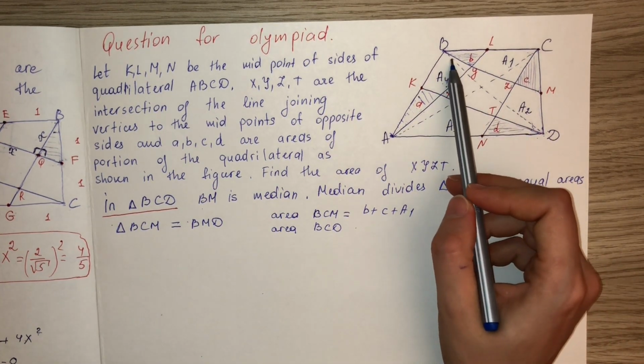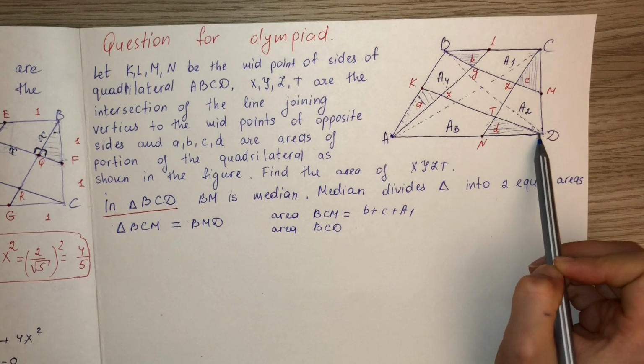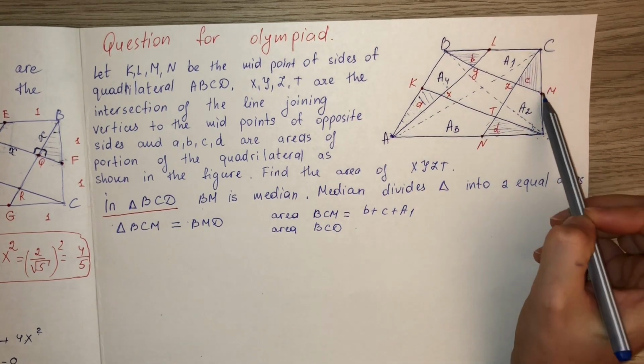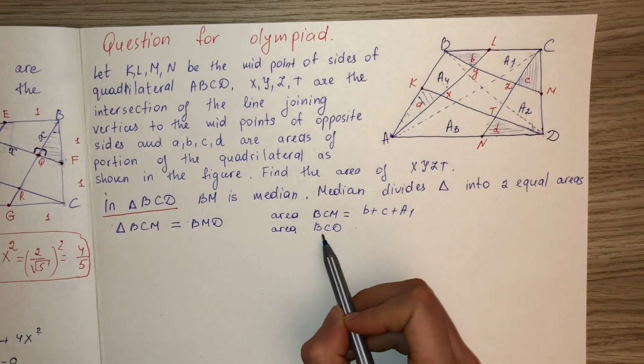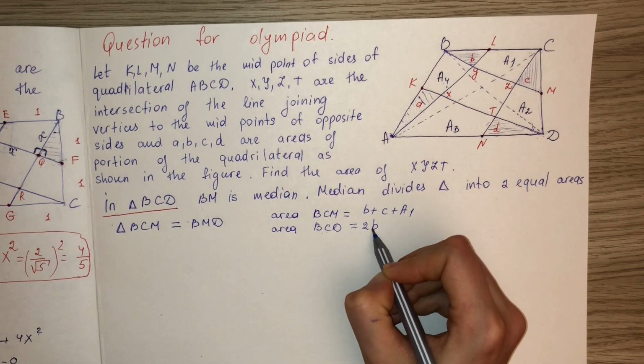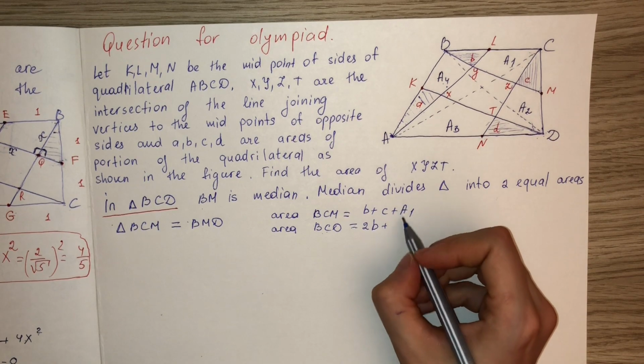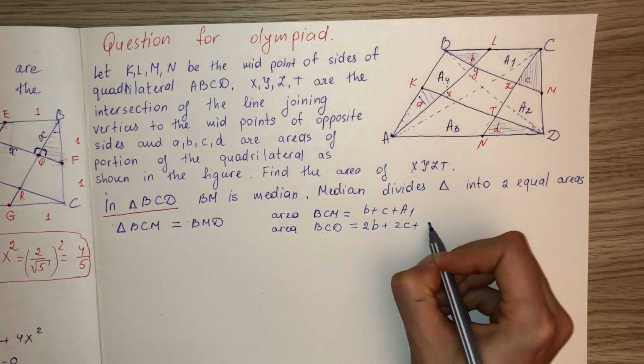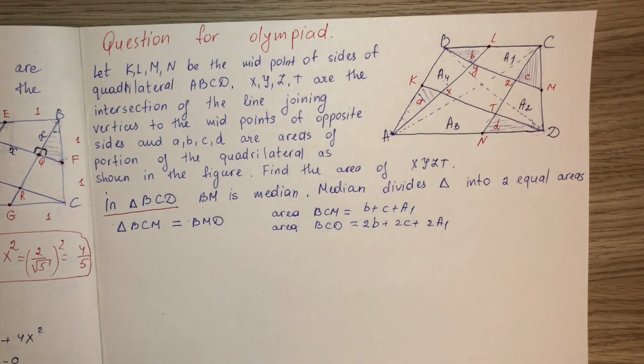This. We know that BMD is equal to BCM. We get that the area of BCD is equal to 2 times B plus 2 times C plus 2 times A1.